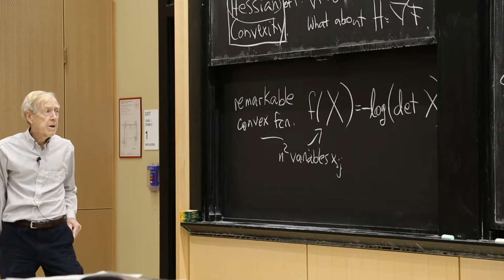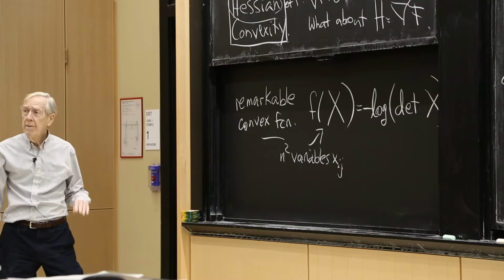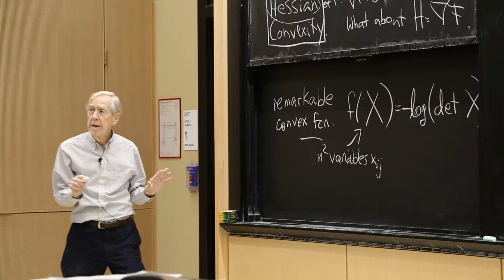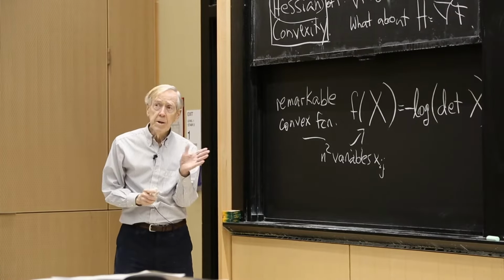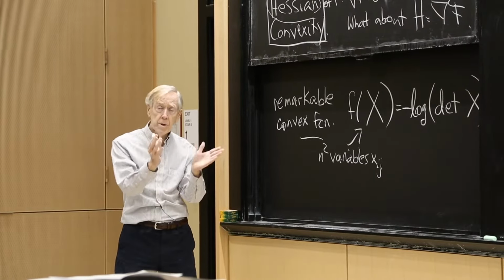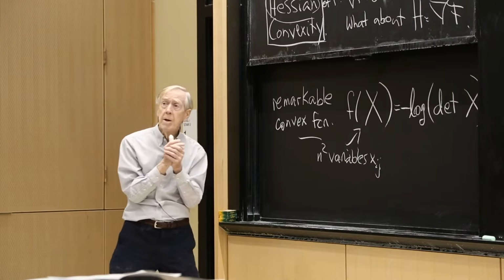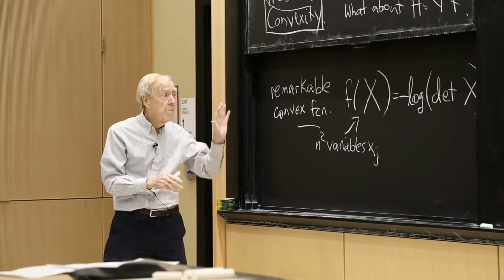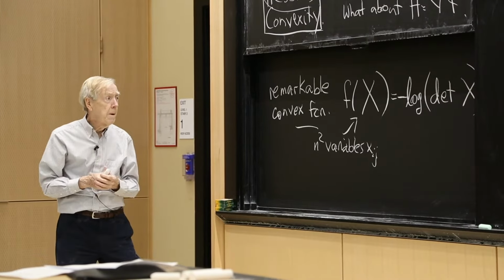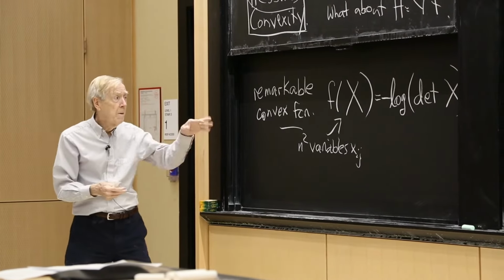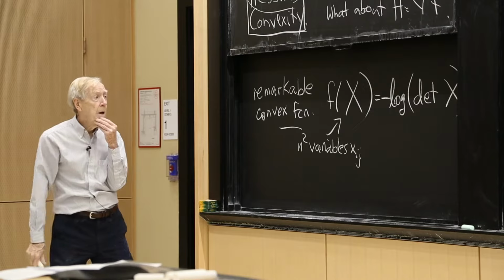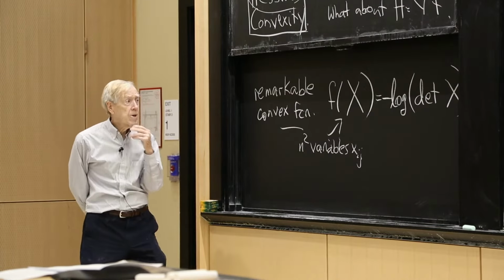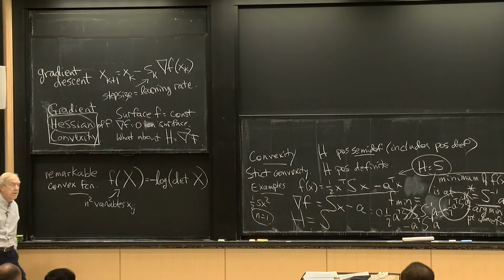That turns out to be a convex function. Even just to check that for 2 by 2: you have 4 variables because it's a 2 by 2 matrix. We could maybe check it for a symmetric matrix and move down to 3 variables. I'd be glad if anybody ambitious sees why that log determinant is a remarkable function.